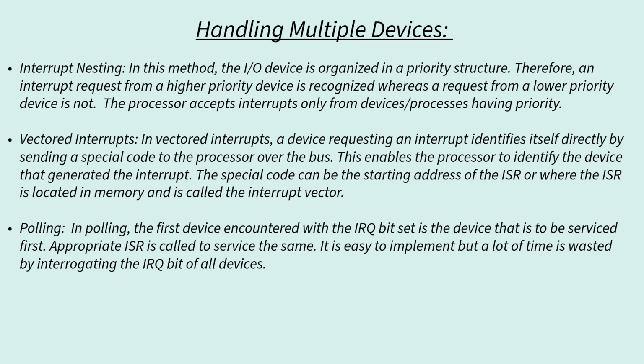Okay, the appropriate ISR is called to service it, and it is easier to implement, but when you have many such devices, you will have to waste time in checking which devices have the IRQ bit set. It's easy to implement, but a lot of time is wasted in checking that.